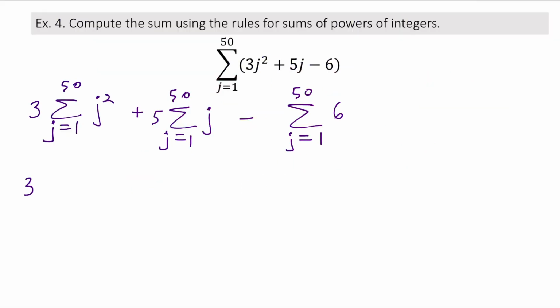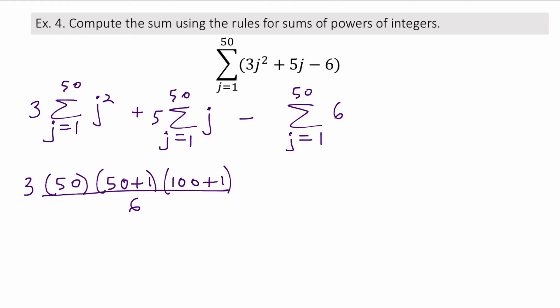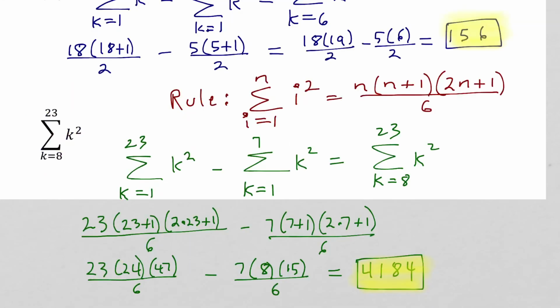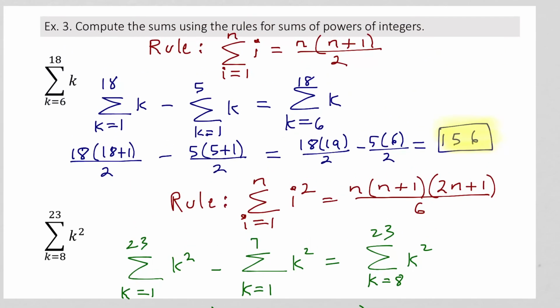So that gives us, with n being 50, n times n plus 1 times 2n, that would be 100, plus 1, divided by 6. And then for the second one, we're back to using this rule again, n times n plus 1 over 2, integer to the first power.